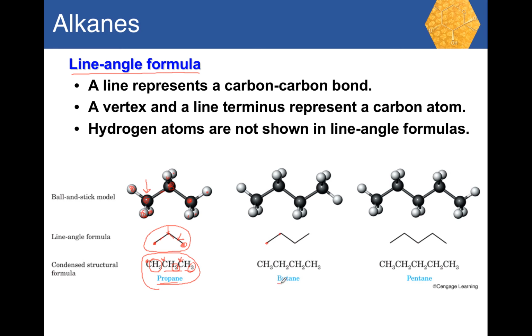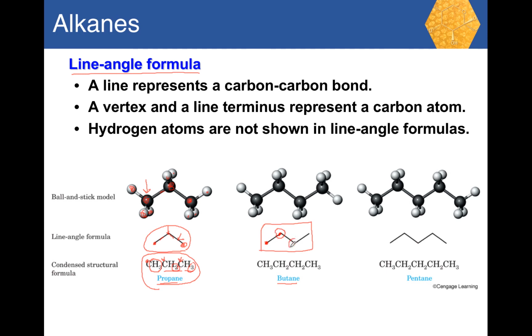Let's look at this one, butane. So if given this, can you tell that it's butane? Let's see. Here the line starts. We know that's a CH3. Next we have an intersection here with 2 lines to it, which means that this is a carbon that's bonded to a carbon here and to another carbon here, and there are 2 hydrogens here.